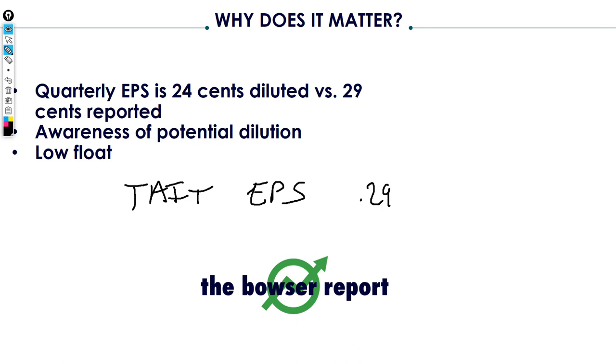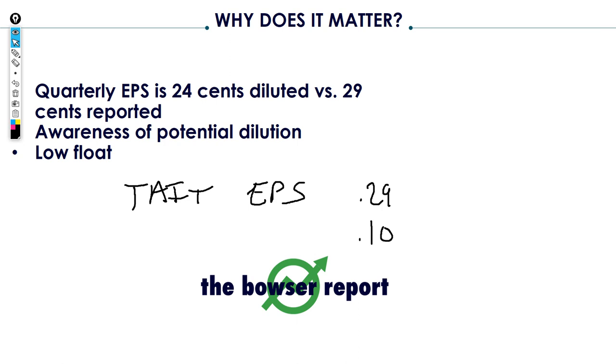If we factor in the potential dilution, they made 24 cents. And that's not that big of a difference. Proportionally, it's noteworthy. But if we're looking at the big picture, and we had a lot of dilution, and then this number was lowered to 10 cents, you're getting a lot less bang for your buck as an investor. And that could spell some trouble.